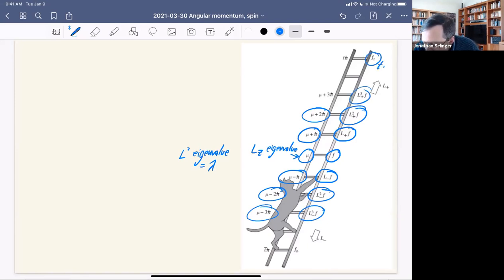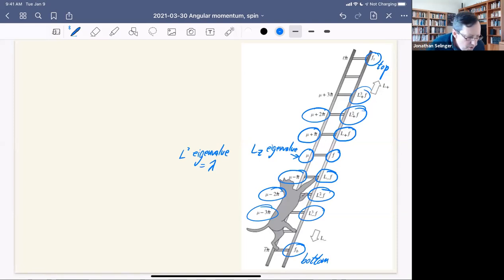Here's the top, f sub t for top. This is the top, meaning that the Lz eigenvalue can't go any higher. Likewise, if we keep going down, we get some negative eigenvalue, and then it can't get any more negative. So this is the bottom of the ladder.